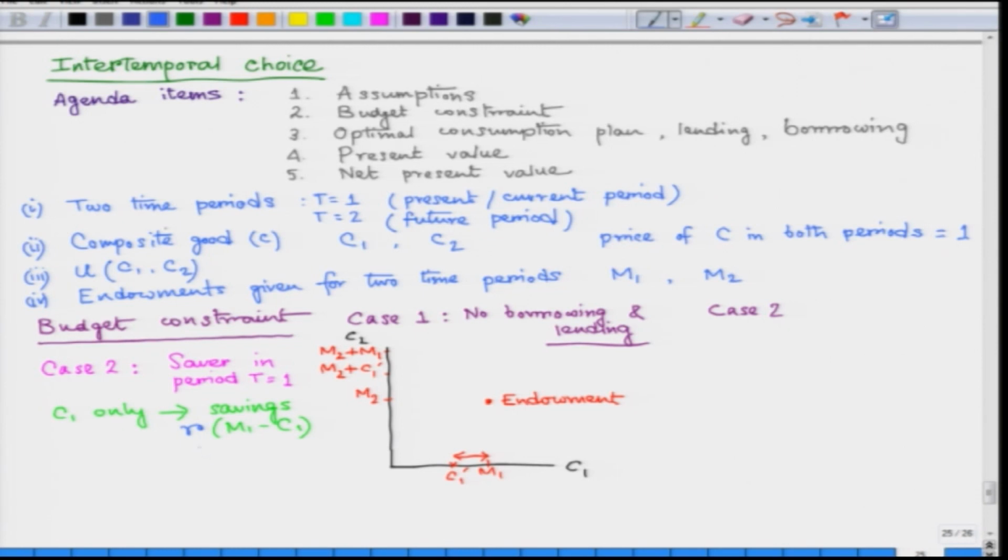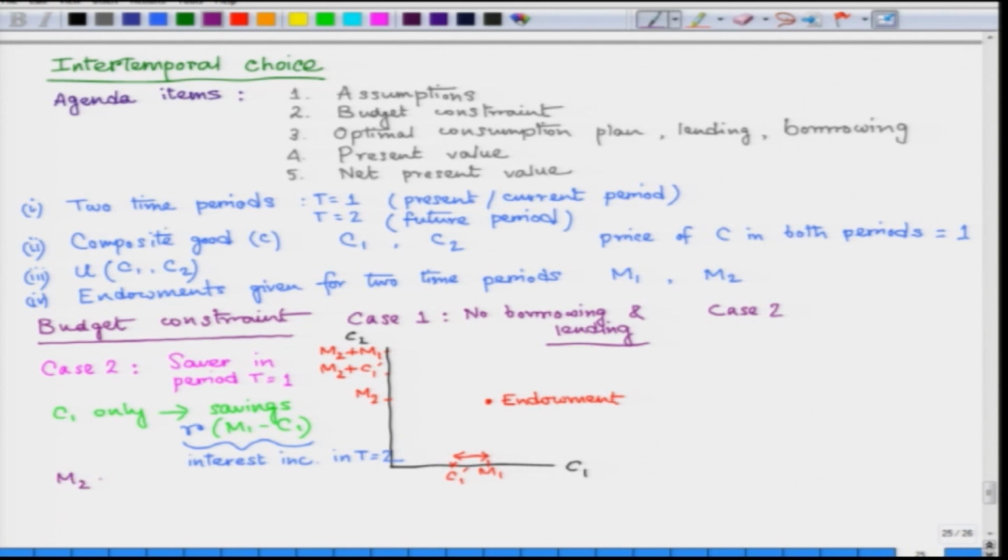That will be his or her interest income in period 2. Not only will the interest be earned, but the principal will also be earned back. So, the consumer will have this much amount of money in period 2.